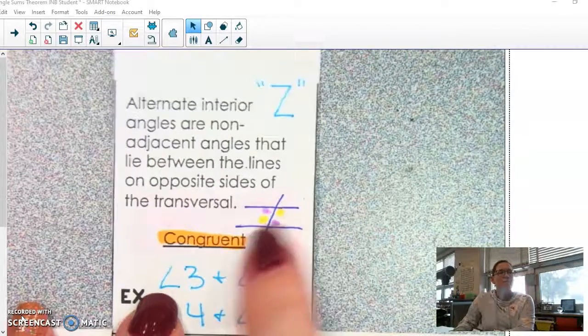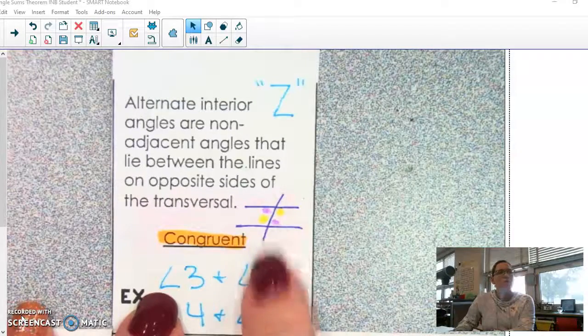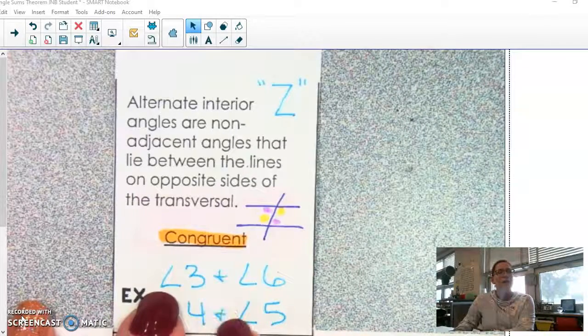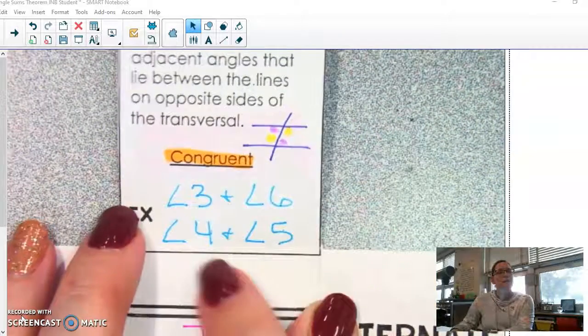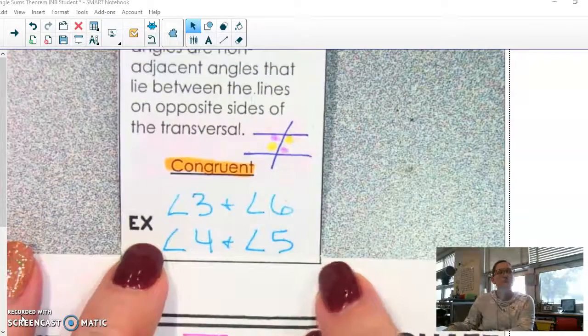And we kind of looked at that when we were doing our triangle activity, moving one to the other location. So alternate interior angles are congruent, which means they have the same angle measure. In our example down below, angle 3 and angle 6, and angle 4 and angle 5 would be examples of our alternate interior angles.